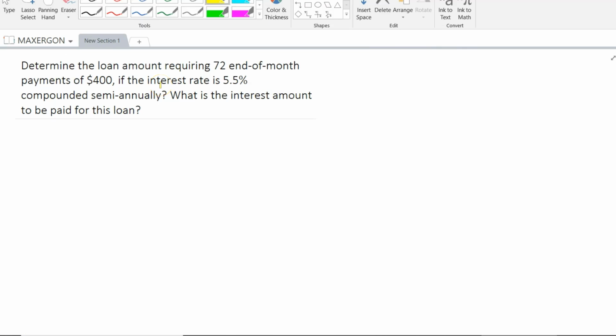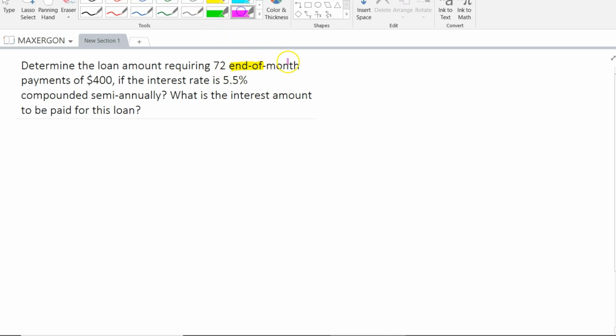In our next problem, we need to determine the loan amount requiring 72 end-of-month payments of $400 if the interest rate is 5.5% compounded semi-annually. We also need to find the interest amount to be paid for this loan. Well, the payments are end-of-month payments, which makes this annuity ordinary.